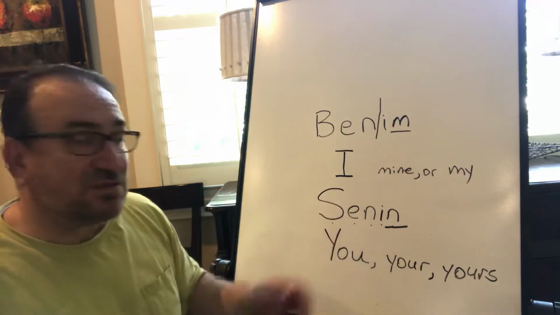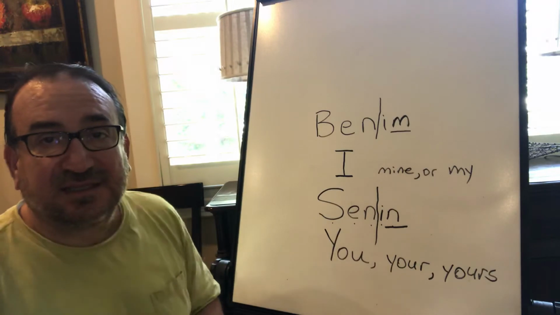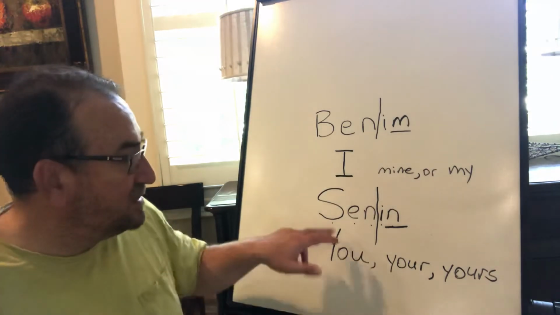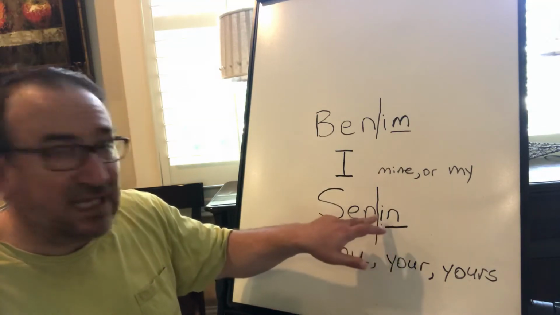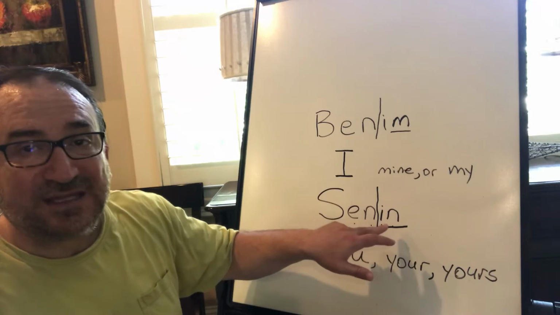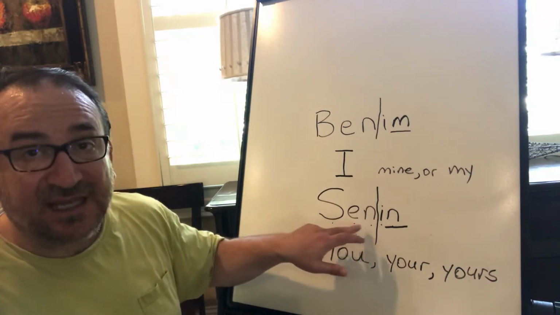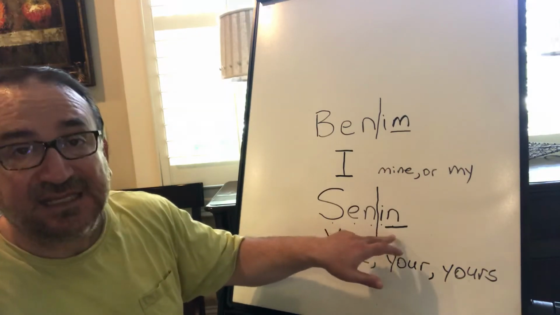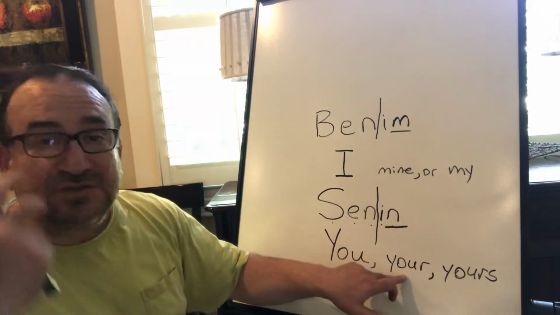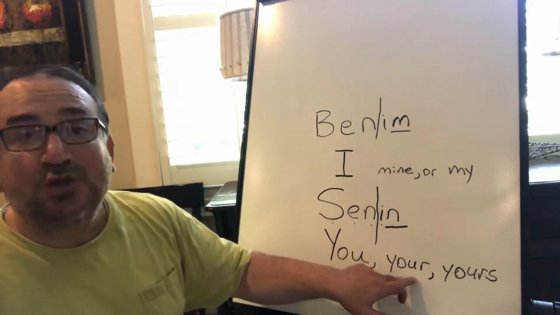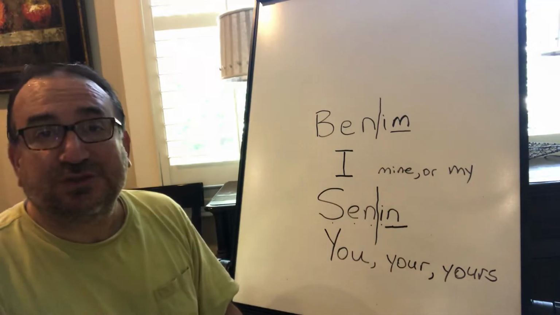Now, we learned also the word sen. Sen is you. And if you add e and ne to it, se, e, ne, senin. So it gives you the understanding that it's either your, like your name, or yours, it belongs to you.